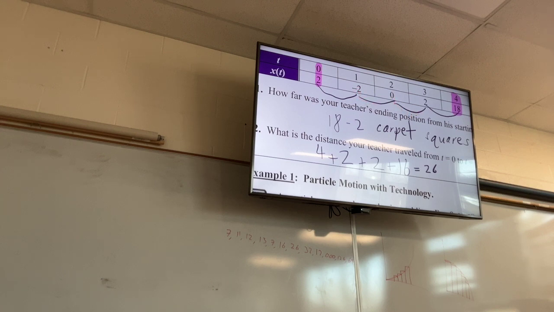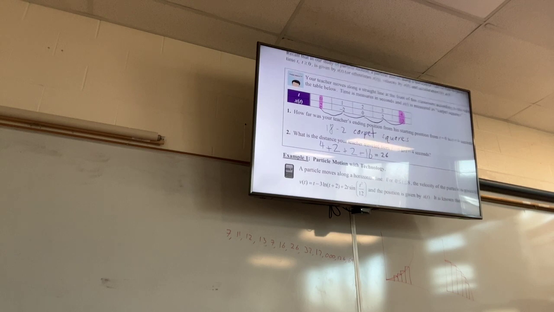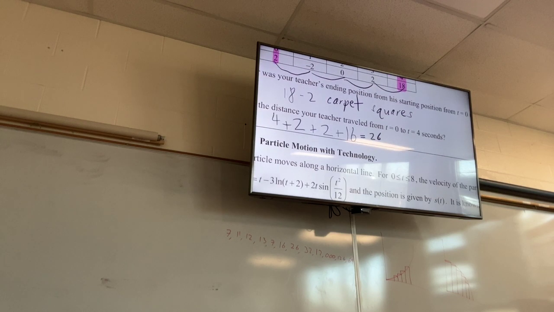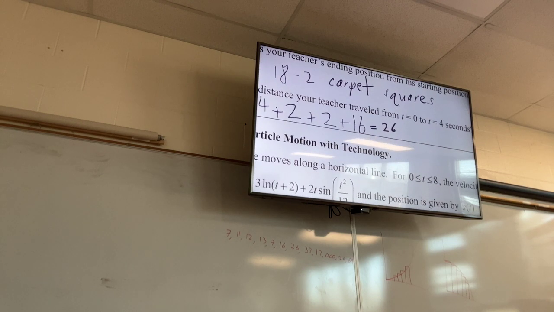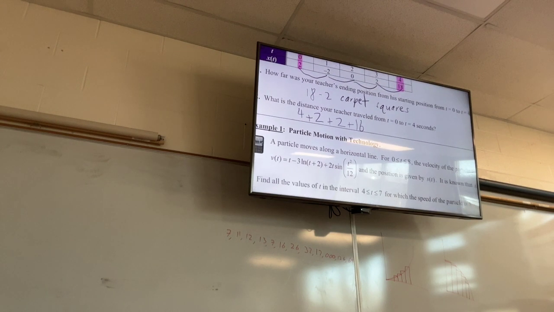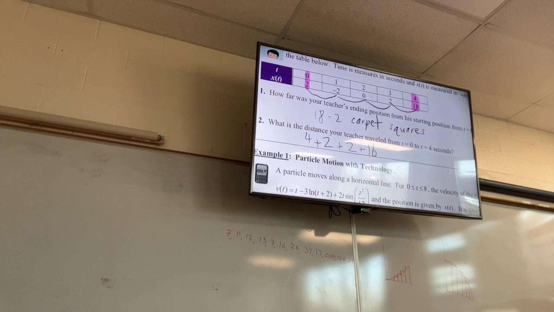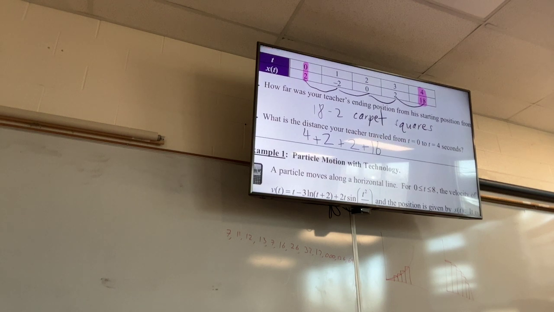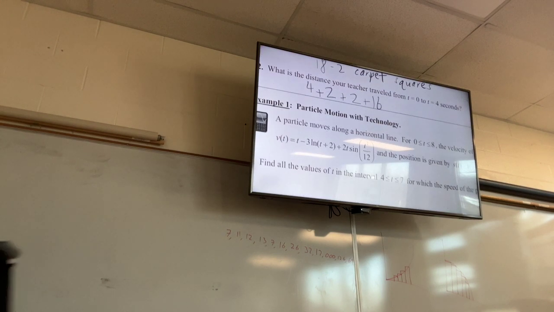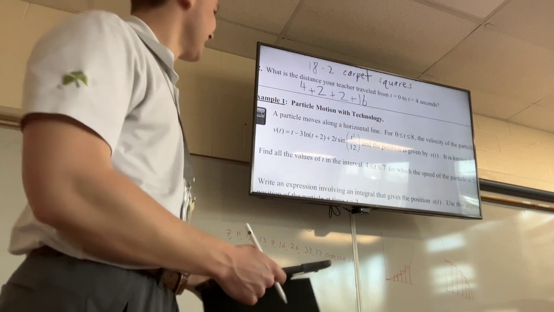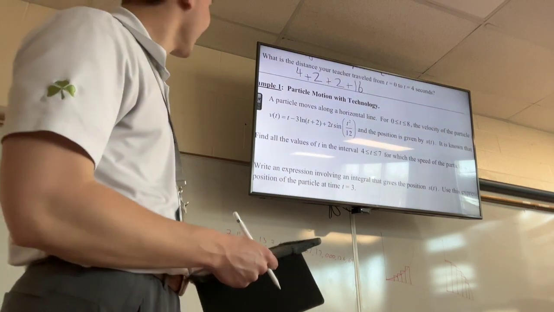Am I crazy? Is the answer key wrong? Yes. Just leave it as 4 plus 2 plus 2 plus 16. I can't believe we just got gaslit. He changed math for us. Just leave it there. Let the grader do that work for you.